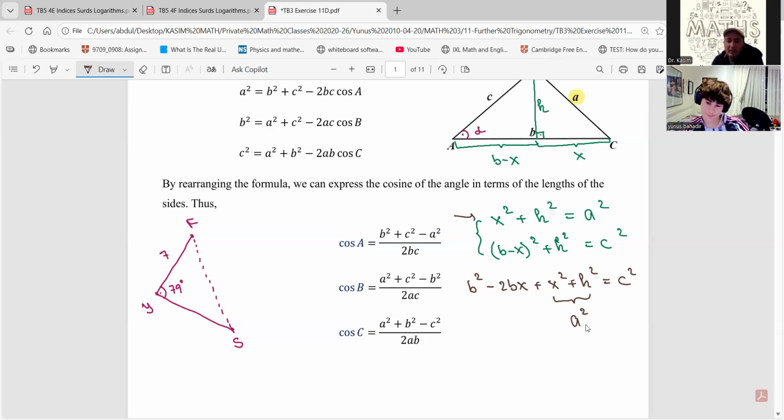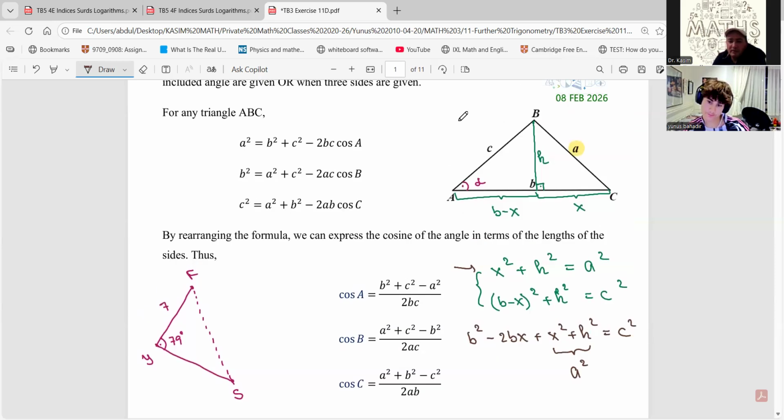Now look at the triangle on the left-hand side because I know alpha, right? A, B, and C. B minus X. I'm trying to eliminate X. I need to change the size.